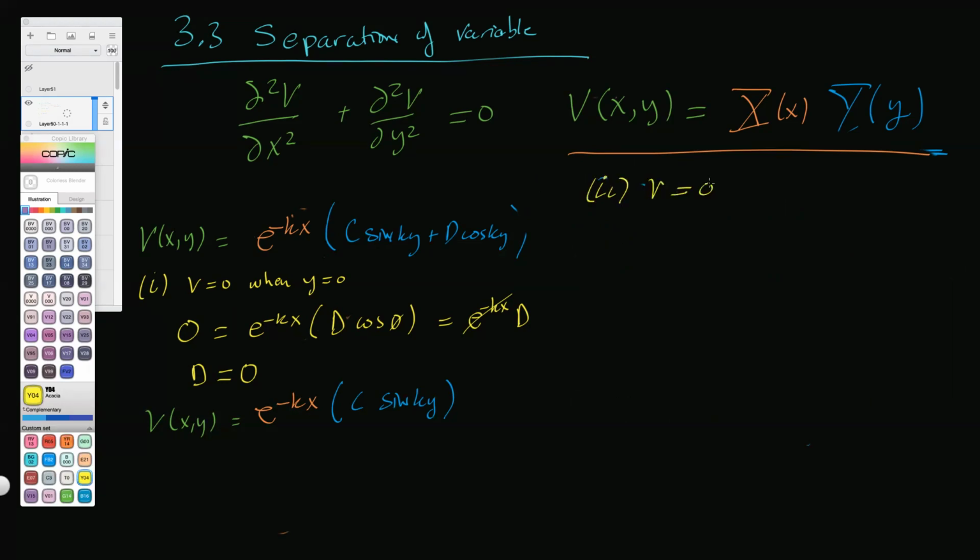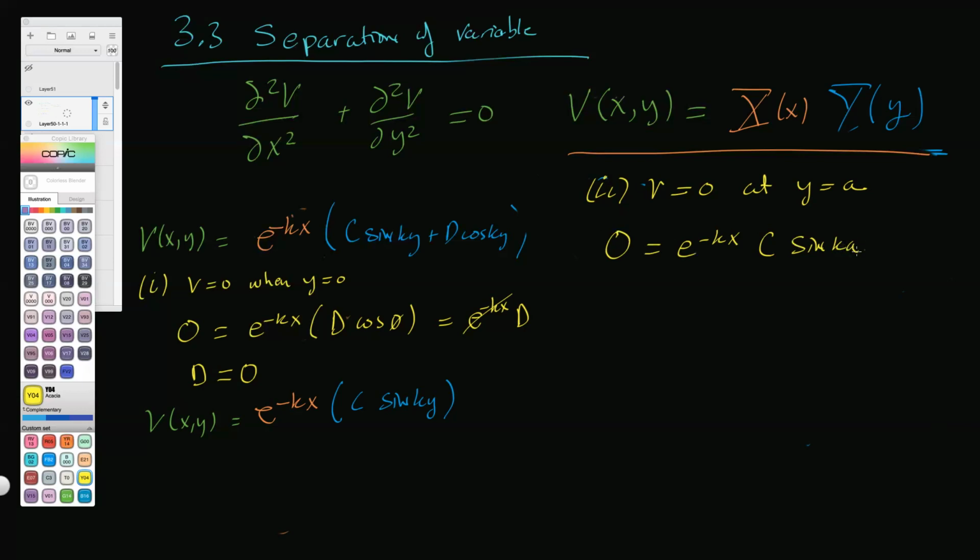V equals 0 at Y equals A. So now let's put that into our function. We have 0 is equal to e to the minus kx times C times sine of ka. Well, that's easy too. So think about k.